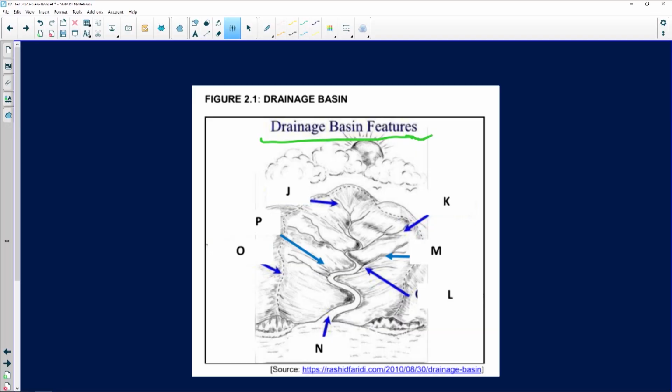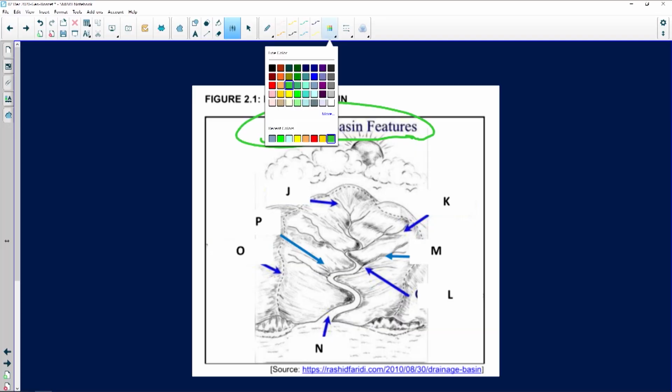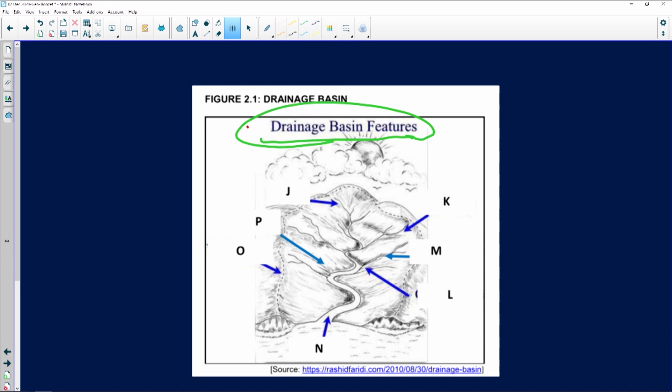So what we have over here, first of all, is a drainage basin. Now define a drainage basin. It's a river and tributaries and network of streams that drain an area.